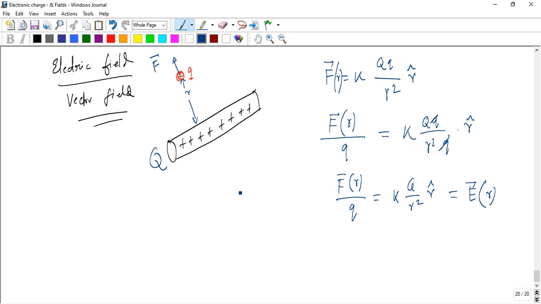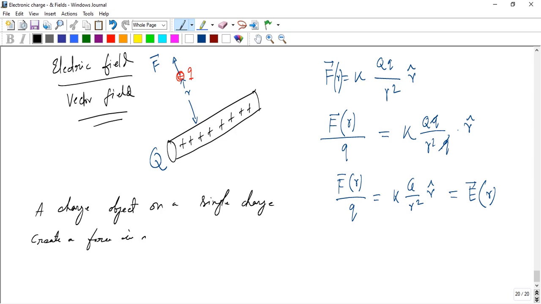Okay, clear? So we can define that a single charge or charge bodies create a force in all directions, and create an electric field in all directions.